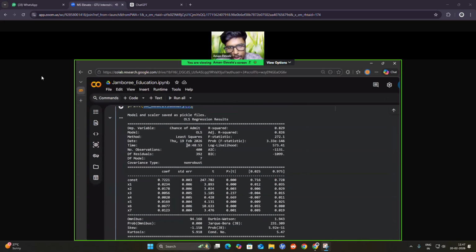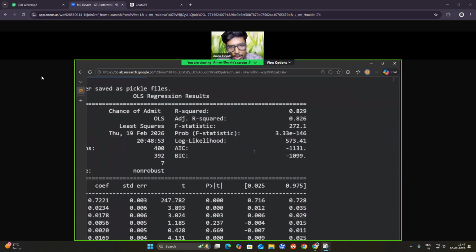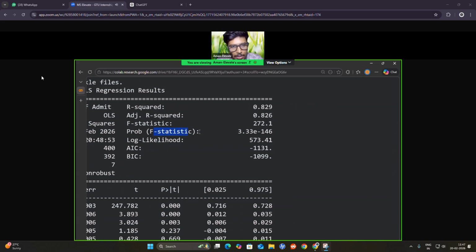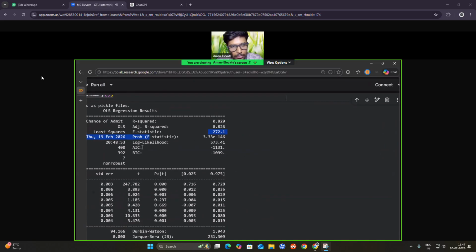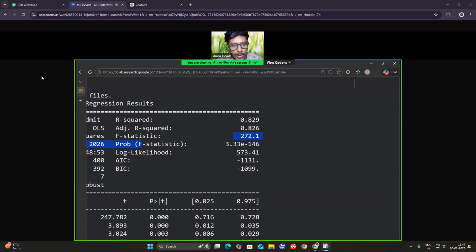So this is the model summary. Not much into it. Okay, but you can see this is the F statistic. Check this R square method. This is the R square evaluation. Okay, this is also called R2 evaluation.